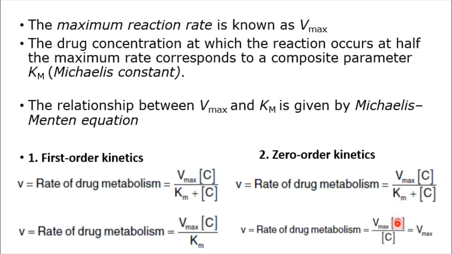Plasma concentration cancels out, and therefore the rate of drug metabolism will equal Vmax, which is a constant despite the change in plasma concentration.